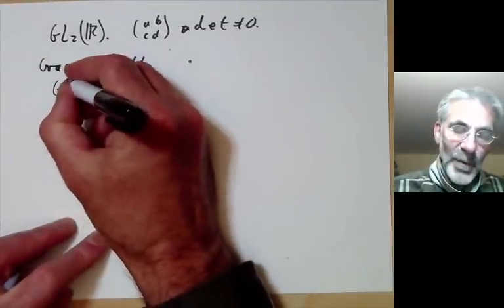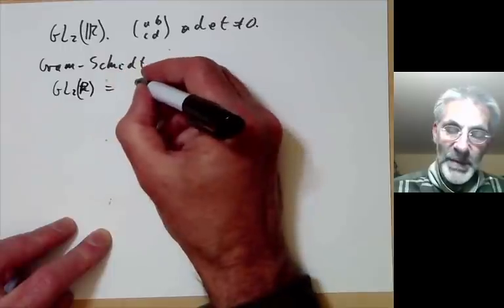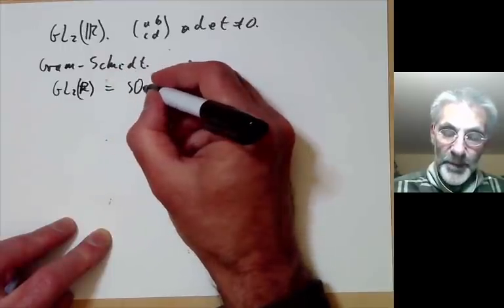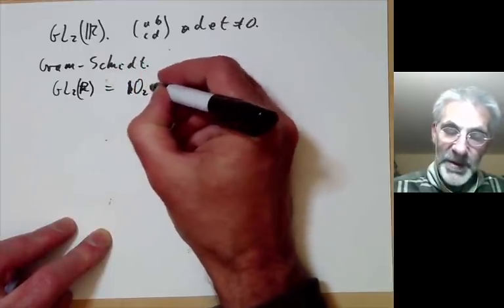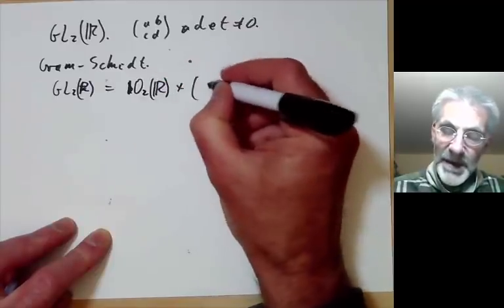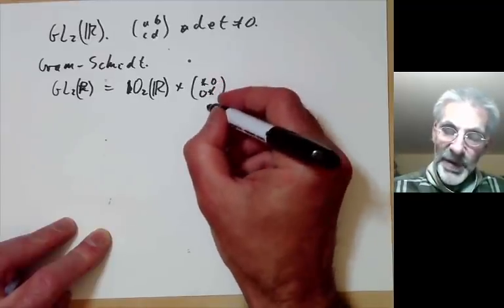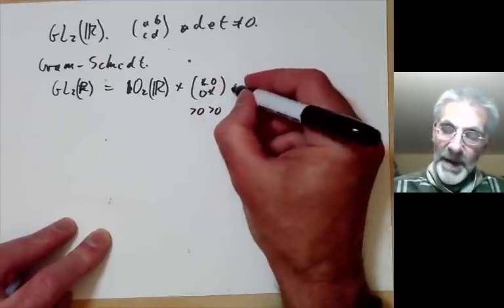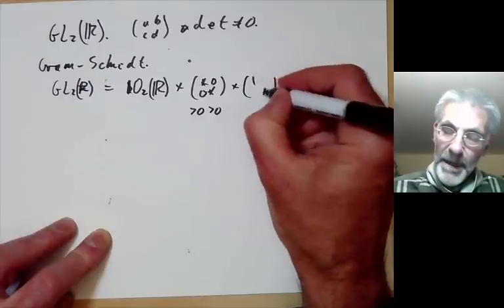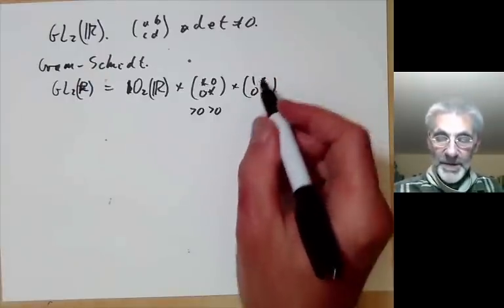And if you think about what this is, it says that GL2 of R as a set is isomorphic to O2 of R, that's the orthogonal group, times the matrices with positive entries times the matrices that are triangular.